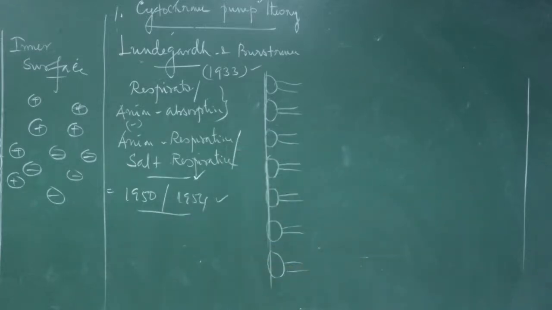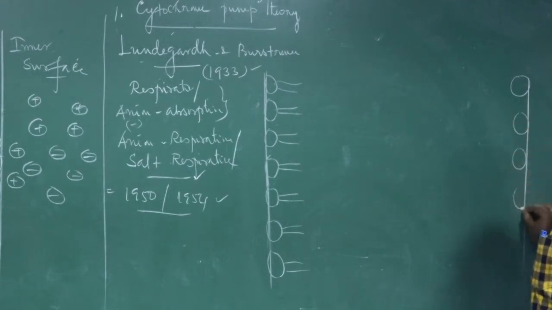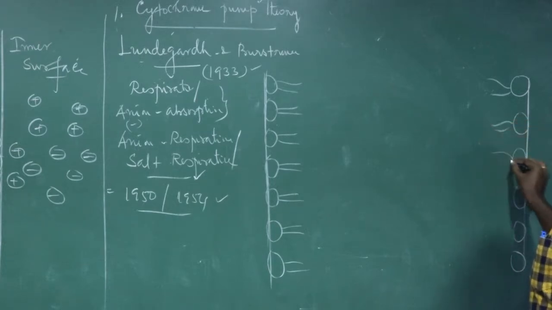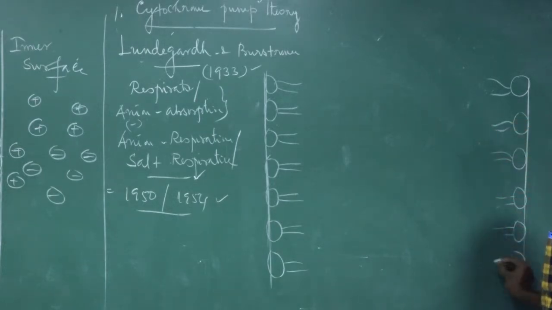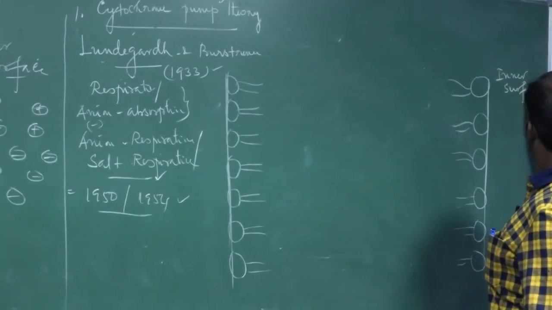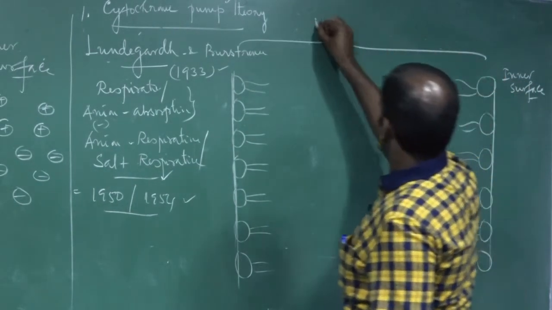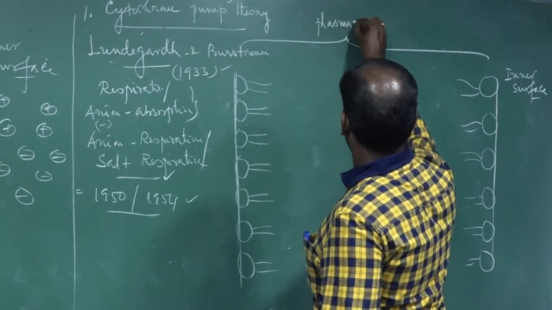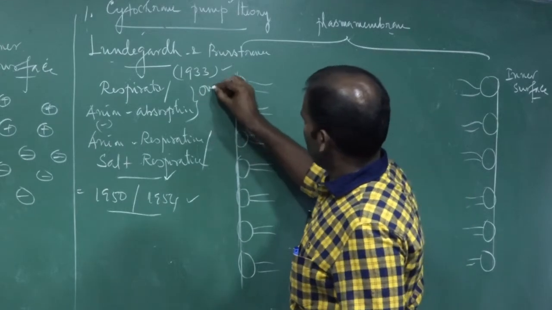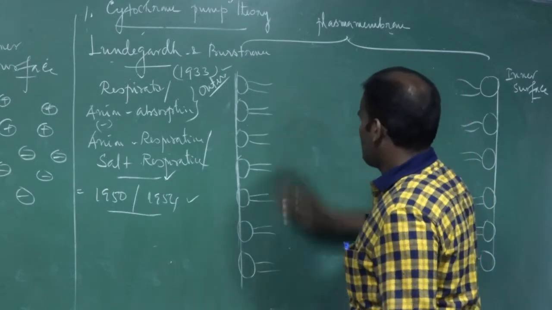One surface, and another surface. This is the inner surface of the plasma membrane, and this is the outer surface.